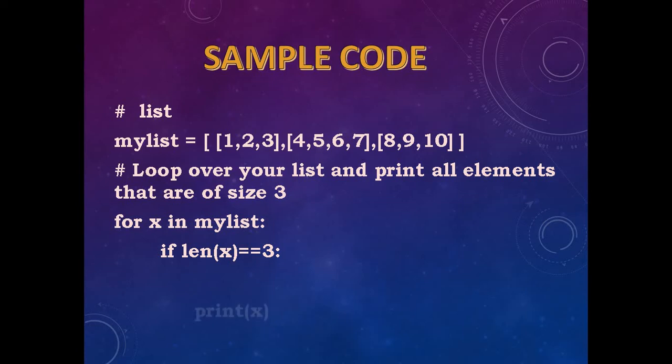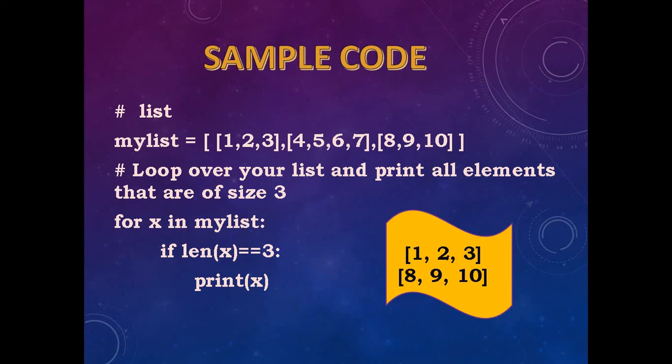So the entire set 1, 2, 3 is taken and the length is calculated. If it is equal to 3, then it will be printed. The next one, 4, 5, 6, 7, has 4 elements, so it won't be printed. Then the next, 8, 9, 10, has 3 elements, so 8, 9, 10 will be printed. So you will get in the output 1, 2, 3 and 8, 9, 10.